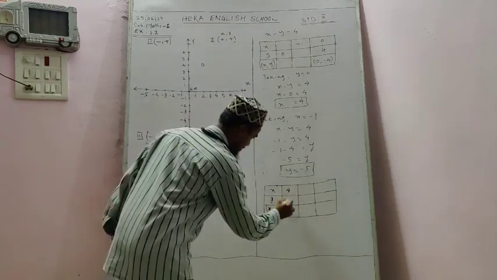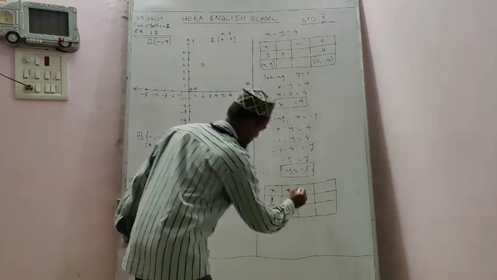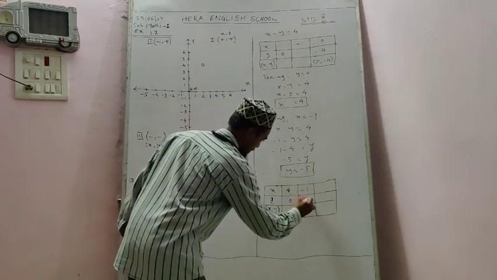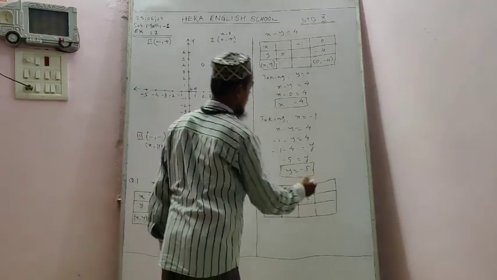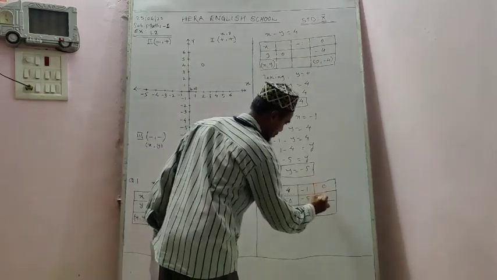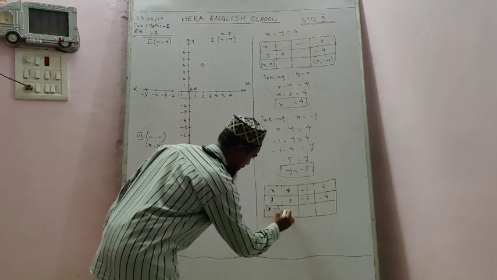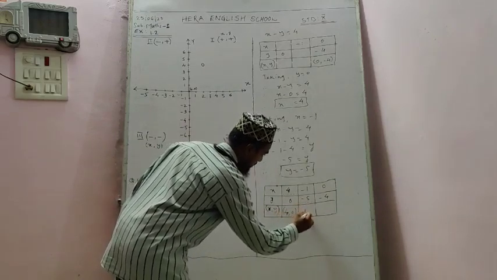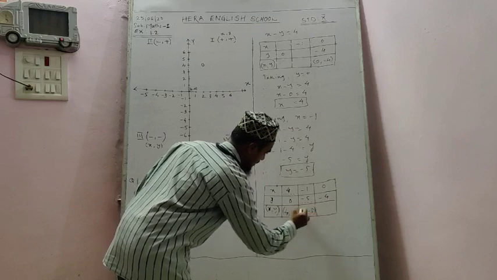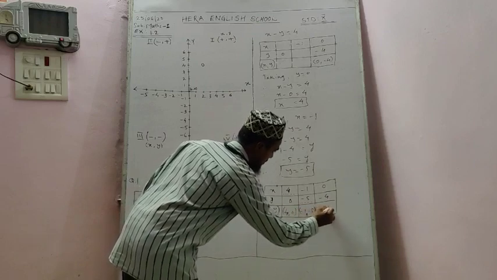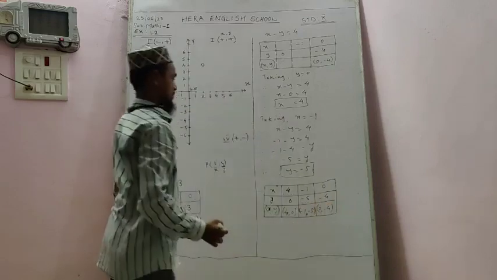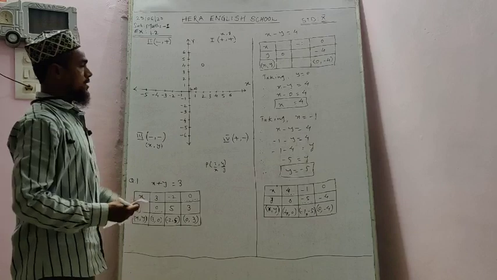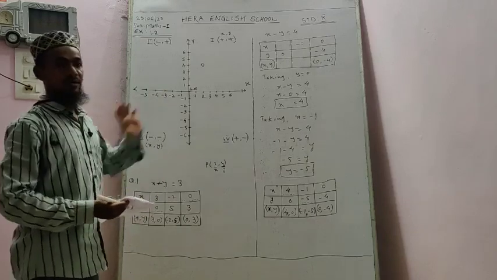Y was there 0, and x it was given minus 1, and y we got minus 5. In the third column we are given both the values 0 and minus 4. We will write here 4 comma 0, minus 1, minus 5, 0, minus 4. Okay, you got it, everyone? Here we solved these two tables, whatever we were given.